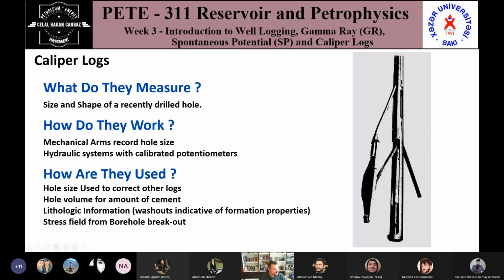What happens? You start to measure from the lowest part of your well, the deepest part of your well. You start to move your caliper through to the upper part at a certain speed. When you are moving it, the size of the calipers changes, right? According to your borehole, it contacts your wellbore, and when it's coming to the upper part, all the sizes change according to your borehole.